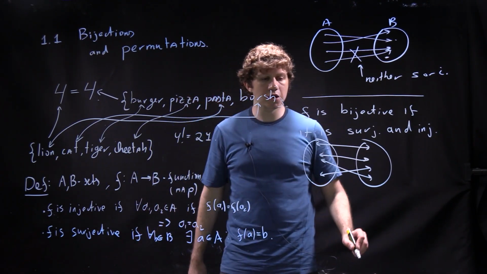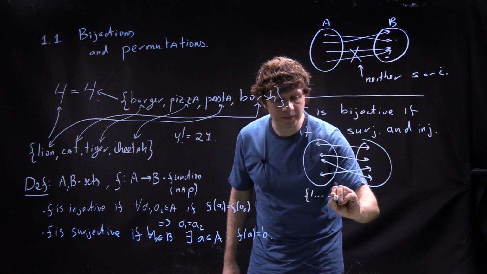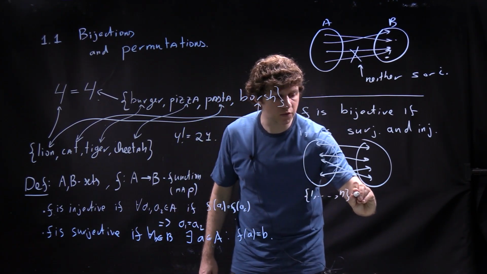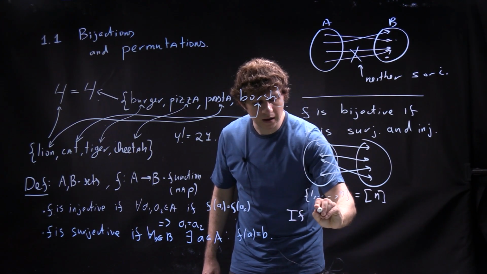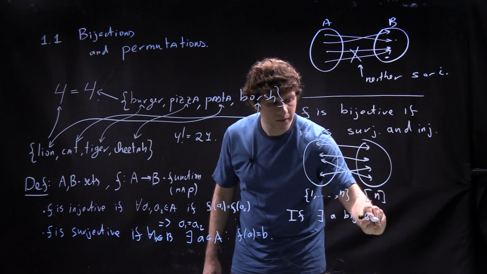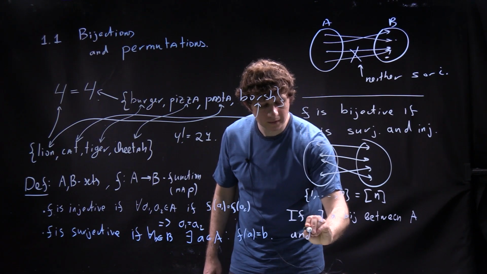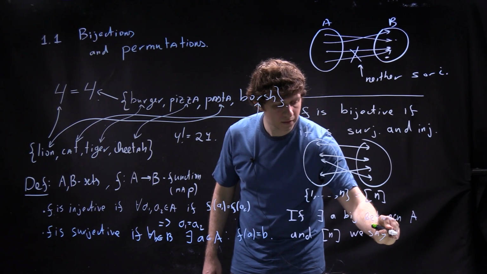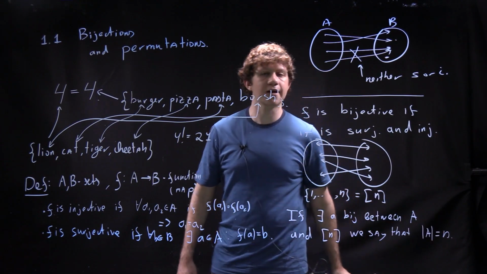Then we have a particularly nice set, 1 up to n, just n numbers. Let me call the set n, as people sometimes do. If there exists a bijection between A and n, we say that the cardinality of A equals n, or simply A has n elements.